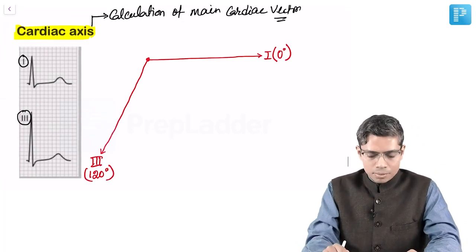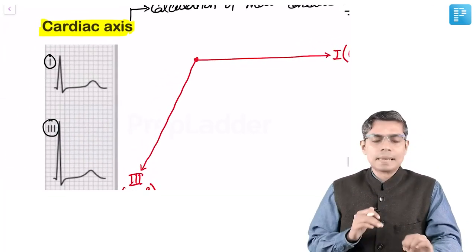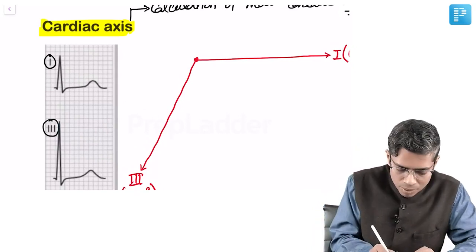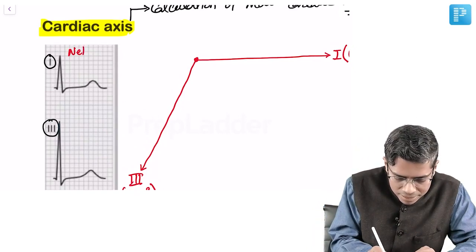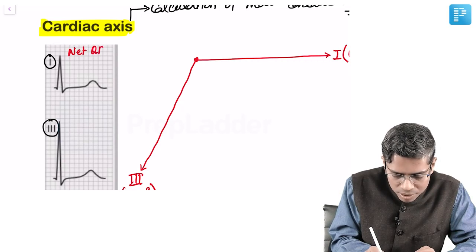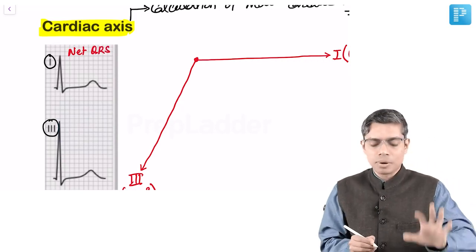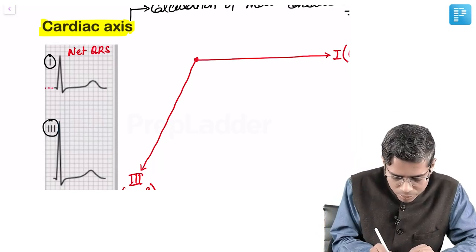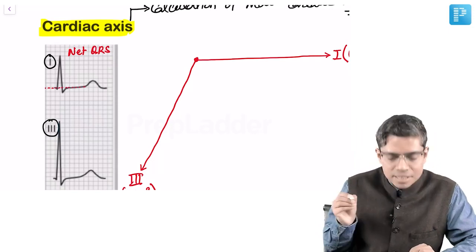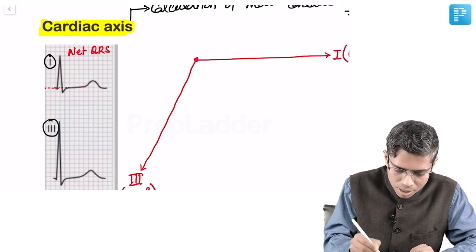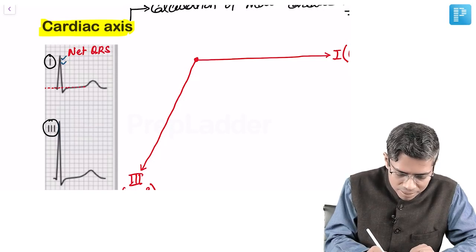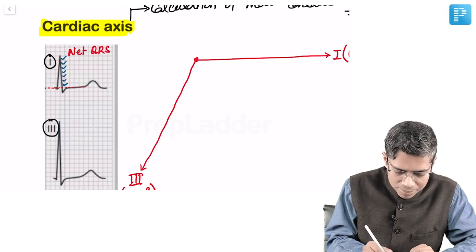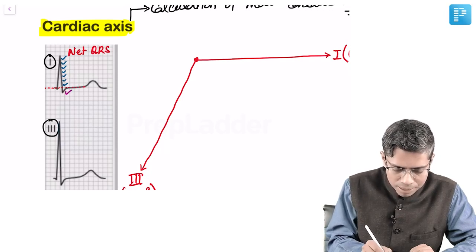Now from this ECG recording I have to calculate the net deflection of the QRS complex in lead 1 and lead 3. Net deflection means, first of all, I have to look at the baseline, the isoelectric line. Then find out how many positive deflections you get, 3, 4, 5, 6, 7, and how many negative deflections, 1.